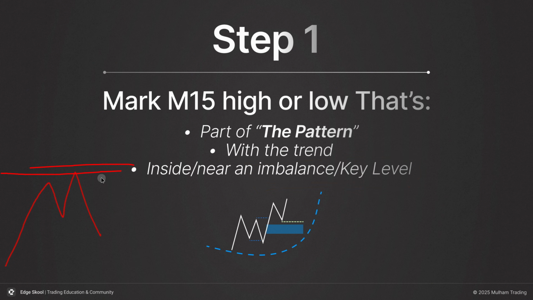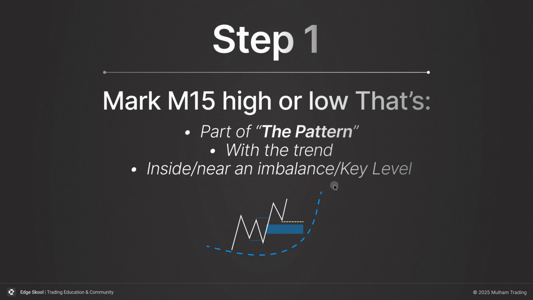That's what we want to see. Now, mostly I'm going to focus on imbalances to make it as mechanical as possible. But for me personally, when I trade this, I can look for any other key levels, and these key levels I teach in my community at school. There are a lot of ways to actually trade this, but for this video, I'm only going to focus on imbalances.